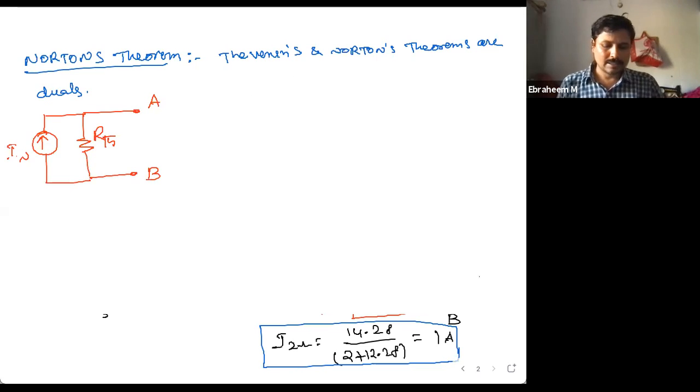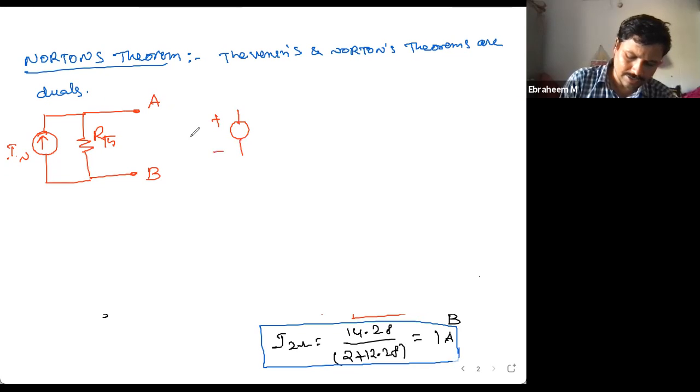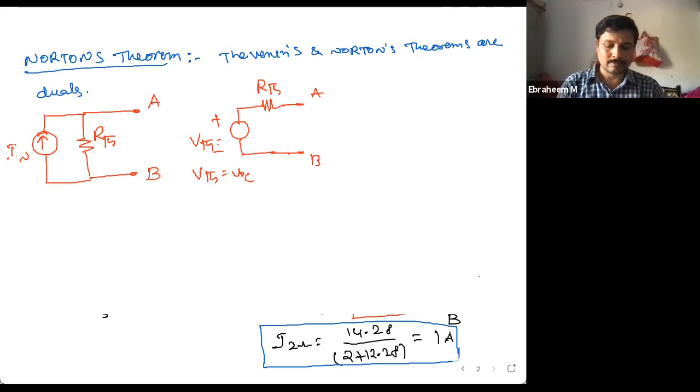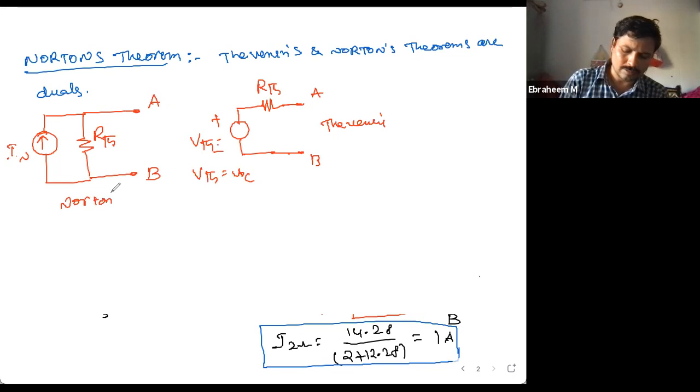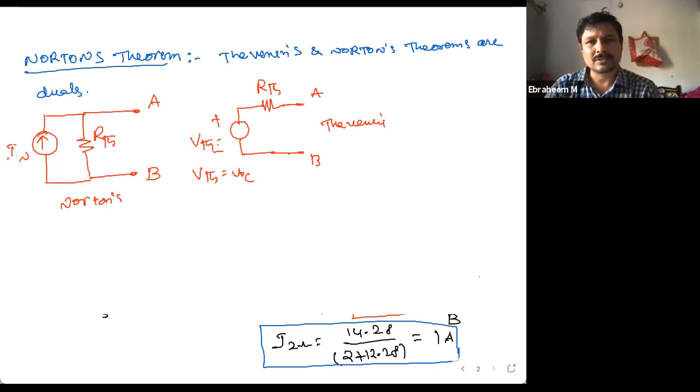In Thevenin's theorem, we calculate open circuit voltage, VTH is nothing but VOC, and we calculate Thevenin's resistance. This is Thevenin's, this is Norton's theorem. So these two are dual circuits.